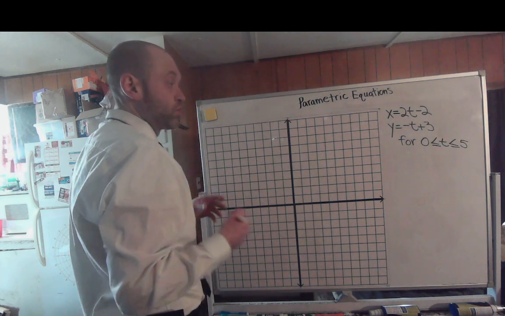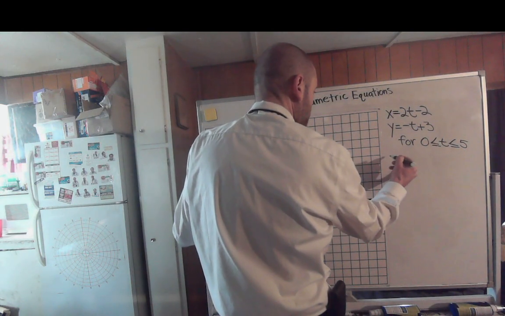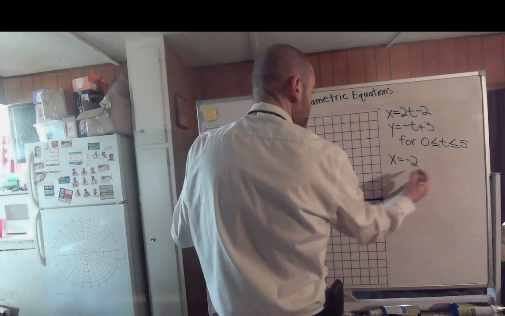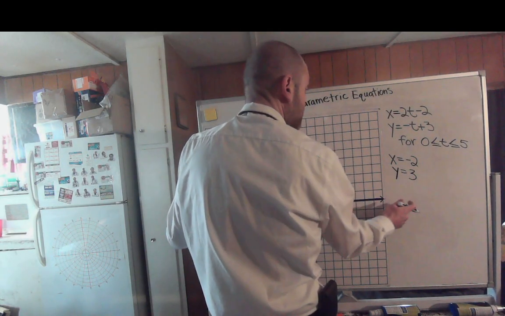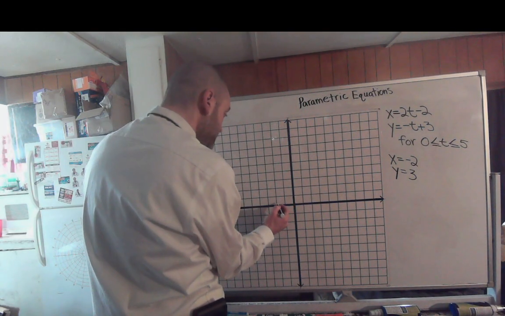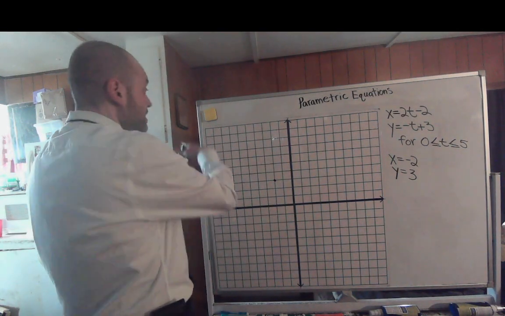So to find your coordinates and graph this, let's put in 0 for t. So that means x would literally equal negative 2, and then y would equal positive 3. So when t is 0, you got x is negative 2 and then y is 3. And then next we'll put in 1 for t.